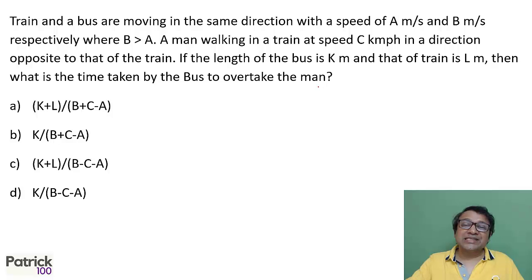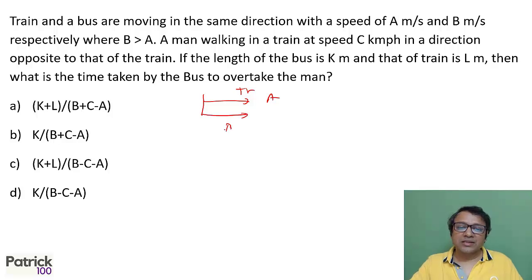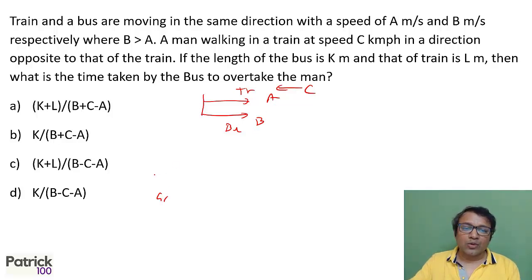Train and bus are moving in the same direction, with speeds A and B. So train A, bus B. A man is walking in the train at the speed of C in a direction opposite to the train. So he's in the train, but he's walking opposite to the train, C. When you calculate from the ground, the bus is moving at B kilometers per hour, but the man is moving at A minus C in this direction.